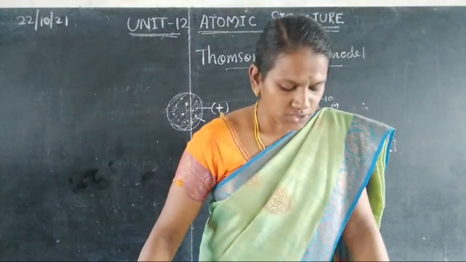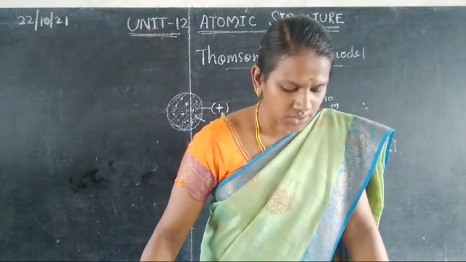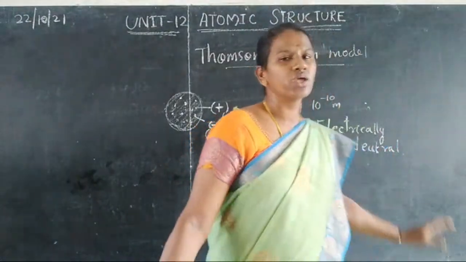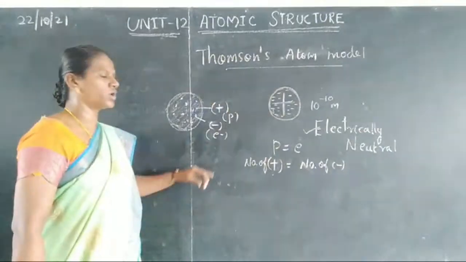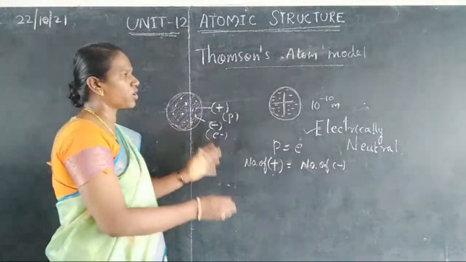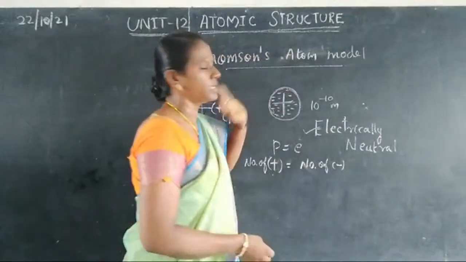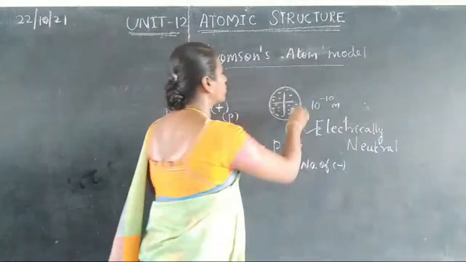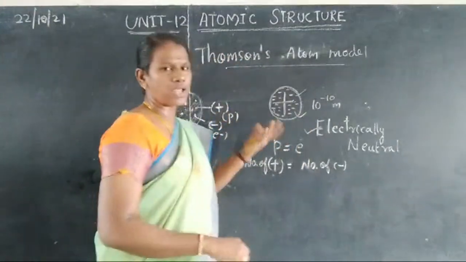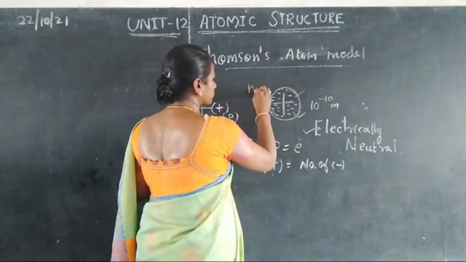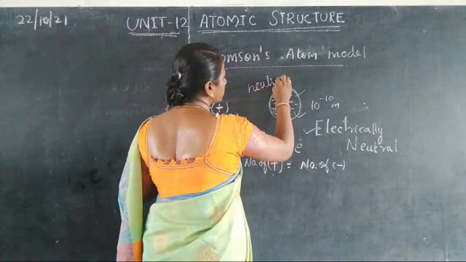This theory explains only the protons and electrons and failed to explain the presence of the neutral particle, the neutron. In his atom model there is no evidence of neutron.